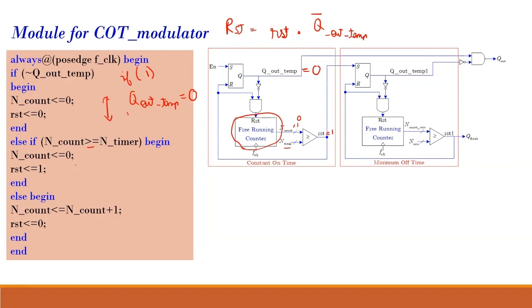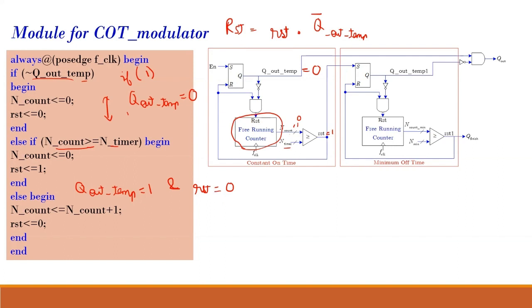These are non-blocking statements, so they occur simultaneously. Then it will end. Else, if this condition fails and this condition also fails, what does it signify? It signifies my Q out temp has the value 1 and my reset has the value 0.